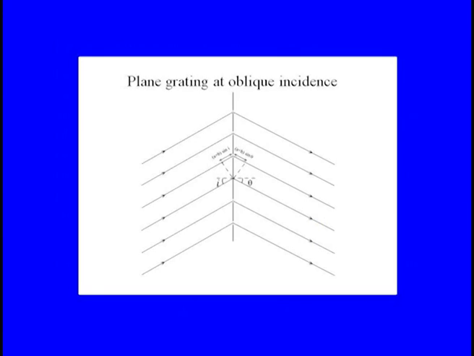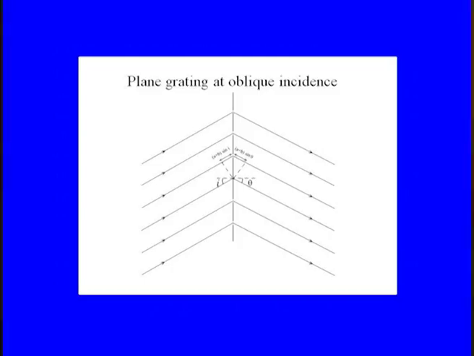Now, let us consider a plane wave front of light of wavelength lambda incident obliquely on the grating at the angle of incidence i, as shown in this figure. For a set of parallel rays diffracted at an angle theta with the grating normal, it can be shown that the difference of paths of the diffracted rays from the corresponding points of the grating is (a + b)(sin i + sin theta).